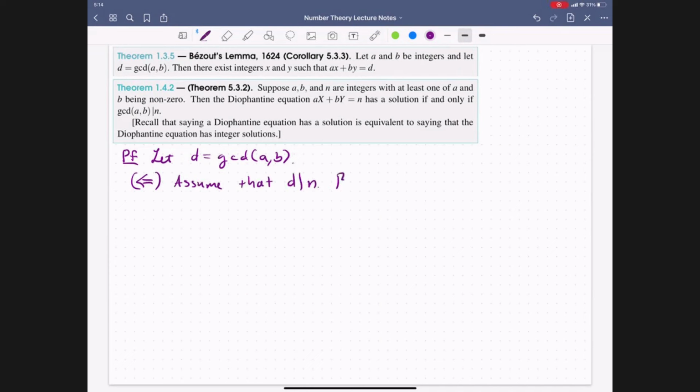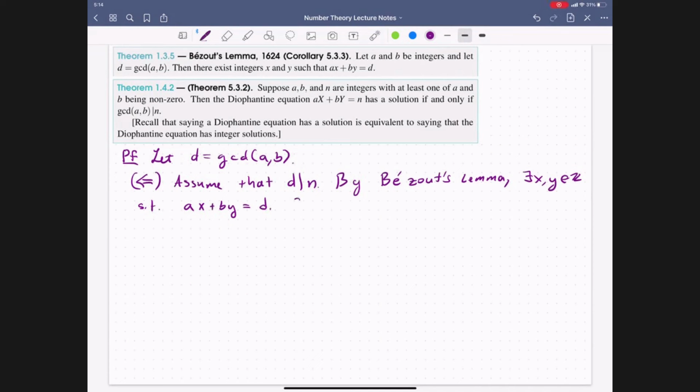By Bezout's lemma, we have that there exist x and y in the integers such that ax plus by is equal to D. Now, we're going to do the following.